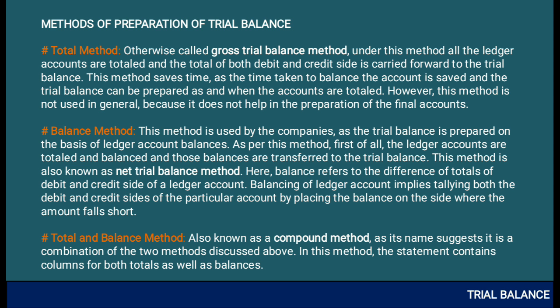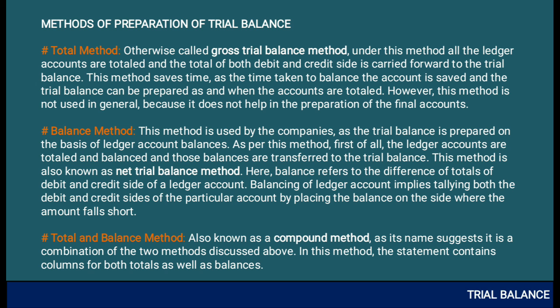So basically here we have three different methods of the preparation of trial balance. The first method is called the total method. Once we prepare our ledgers, at the time of preparation of the ledger, before getting our balancing figure, we find out the sum of the debit side and the credit side.